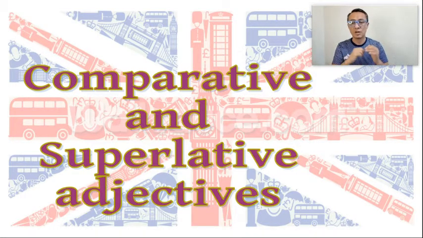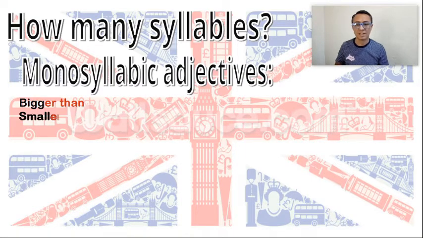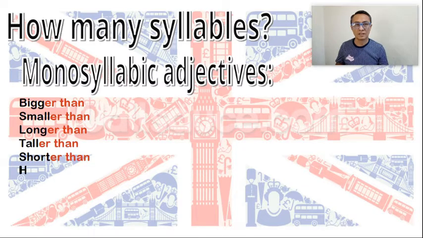In English, we have many adjectives that are monosyllabic. That means they have only one syllable. For example: big, small, long, tall, short, high, low, dark, clear.